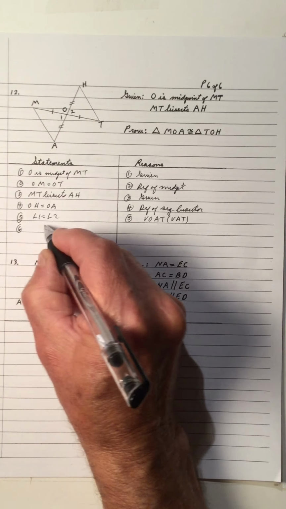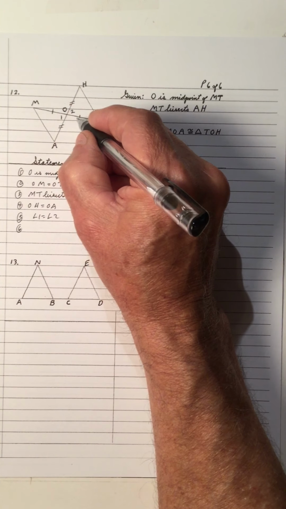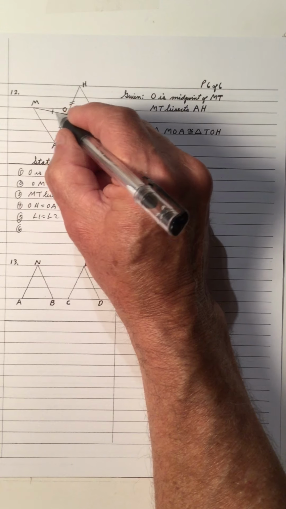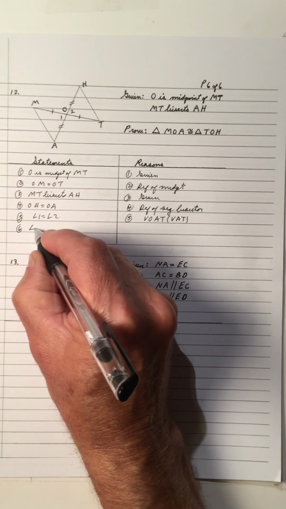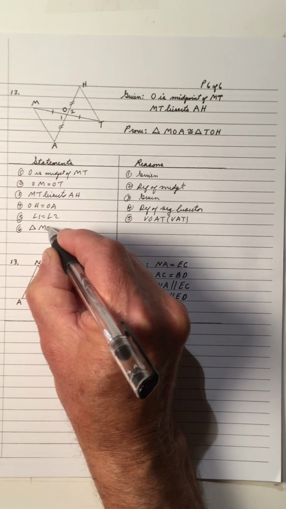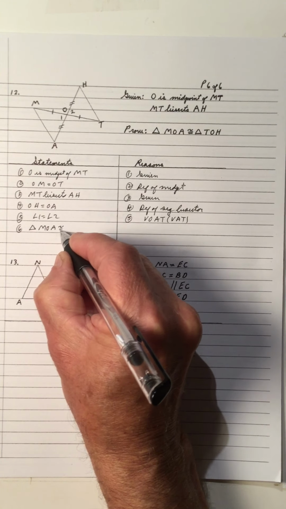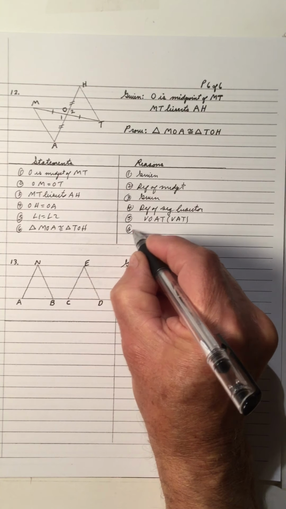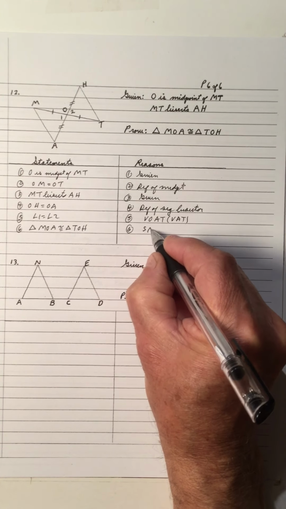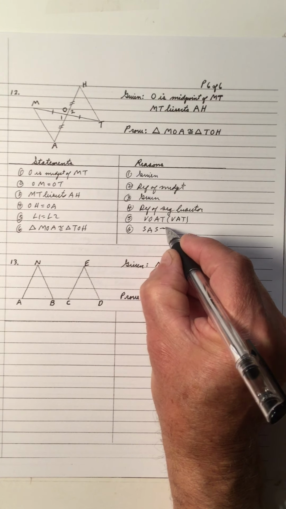And we have these two sides equal, these two equal. So in this triangle, I got an ASA. So triangle MOA is congruent to triangle TOH, and it's an SAS congruency.